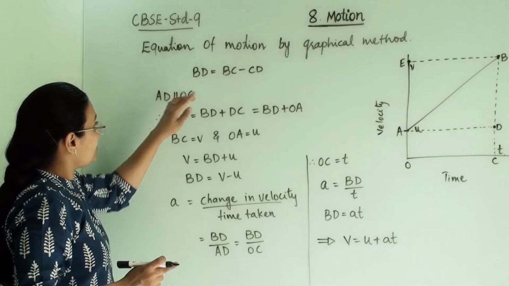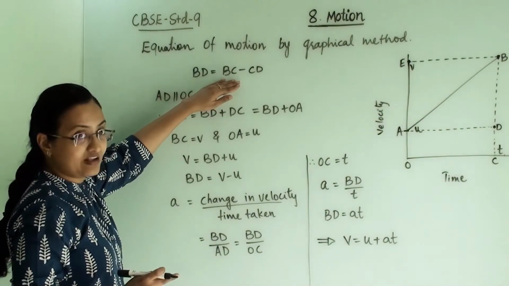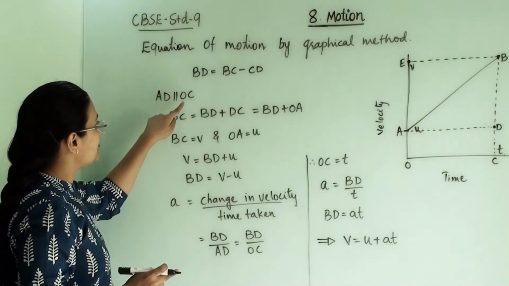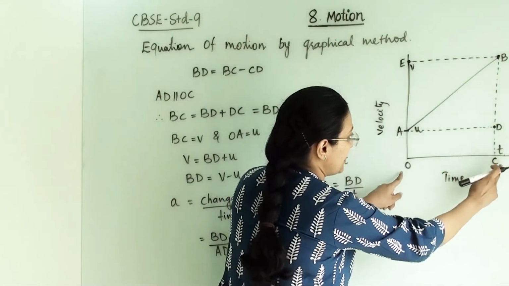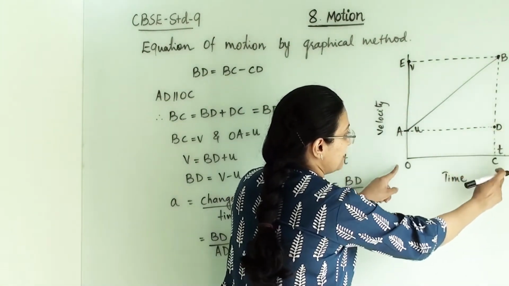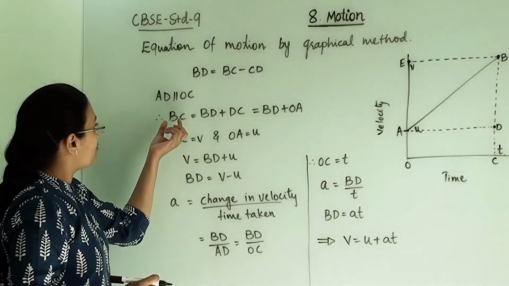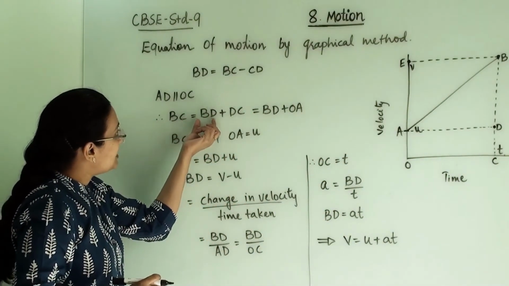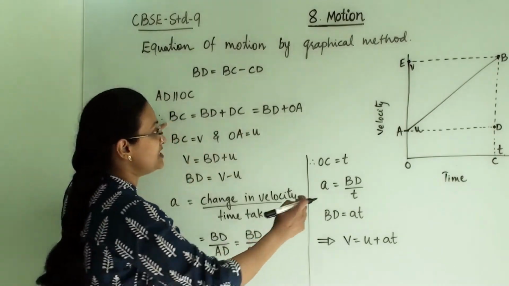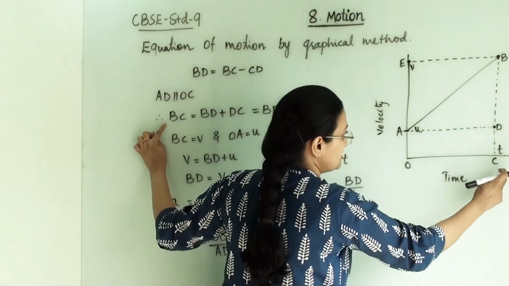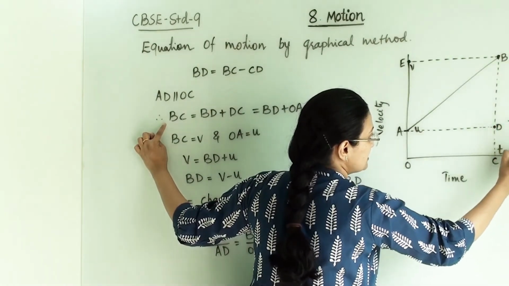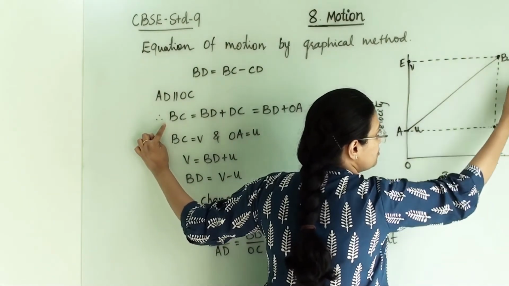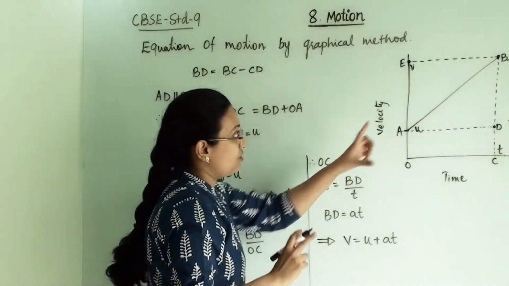Now, after this, AD is parallel to OC. AD is here. These two lines are parallel to each other. Now BC equals BD plus DC. So BC is here. BC equals BD plus DC, these two fragments of BC.